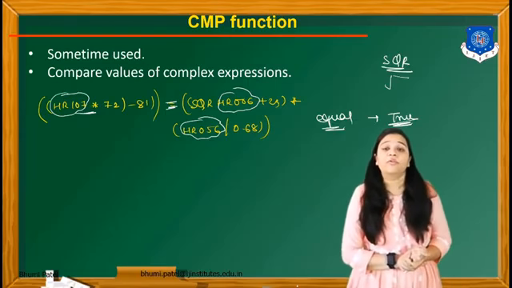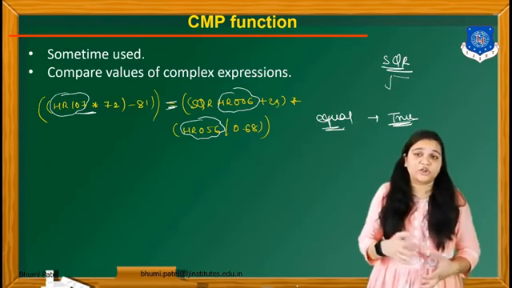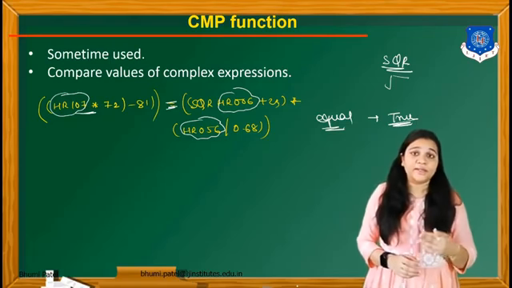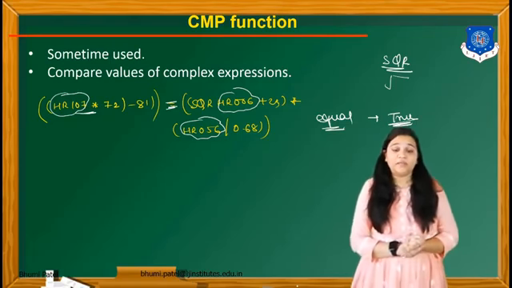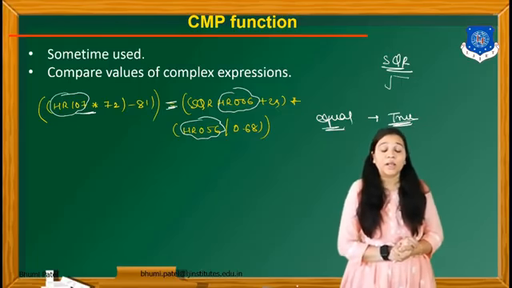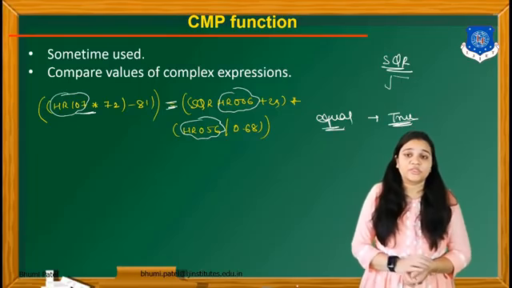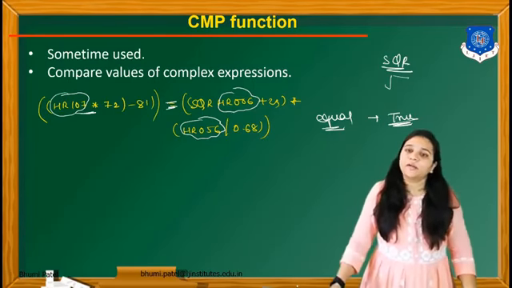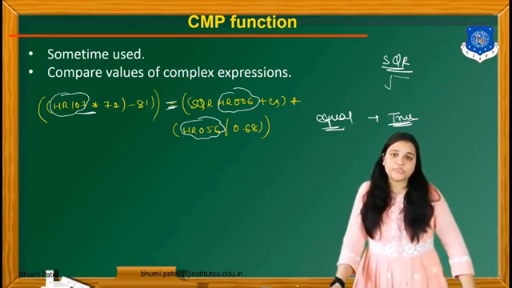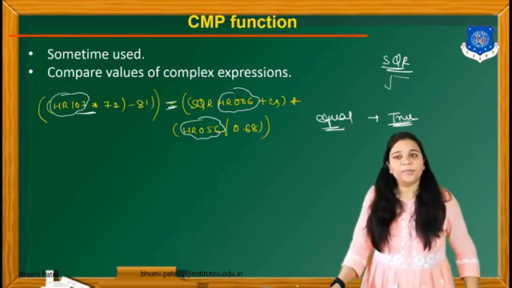If we have to find some complex expression of this compared value, that time we use the compare CMP function. And if we have to compare bit by bit for this particular equation, that time we have to use the mask comparison function. So this type of comparison function is used in the PLC programming.